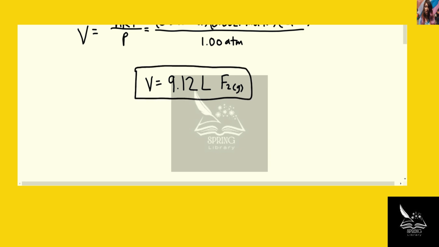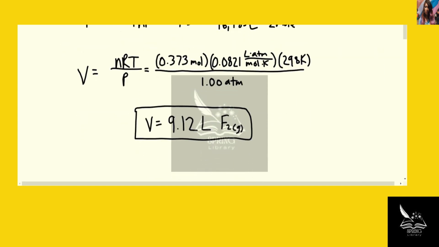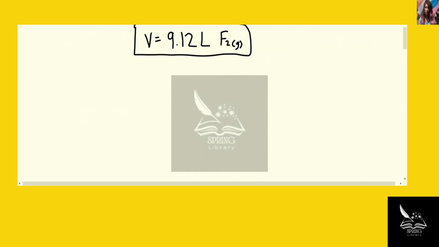Now we also want to determine the mass of potassium, and potassium was reduced, so the solid potassium was plated out. So we set up the same ratio, which is 2 hours for the length of time that we ran this current, converted into seconds is 3,600 seconds per hour.